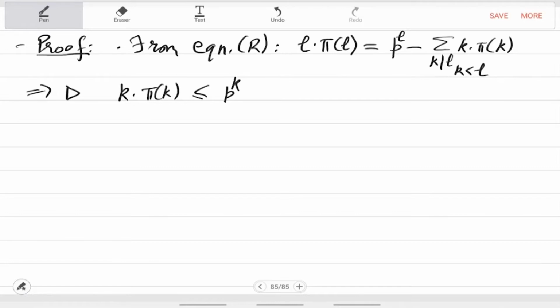And then you use this inequality in the sum, to upper bound the sum, right? So you will get that L pi L is then greater than or equal to p raised to L minus p raised to k.